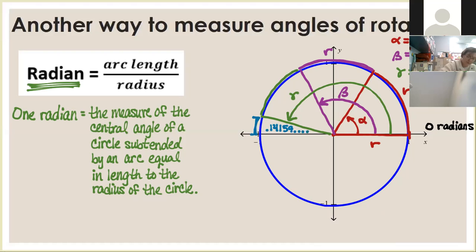If I go halfway around the circle from that animation before, how many radians have I traveled if I'm going counterclockwise from the initial side, the positive x-axis, all the way around to the negative x-axis? How many radians of rotation is that?